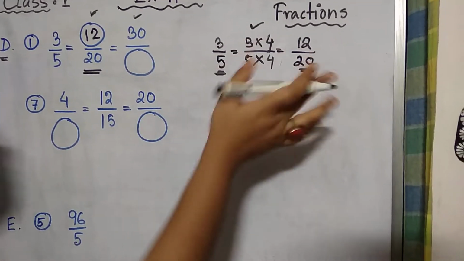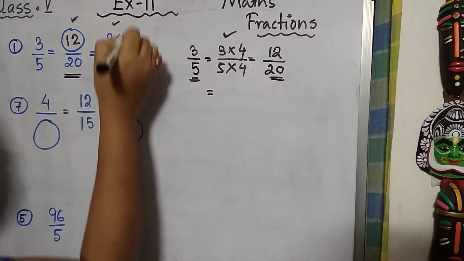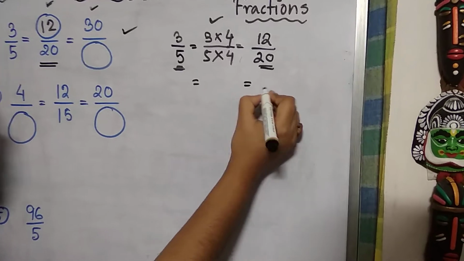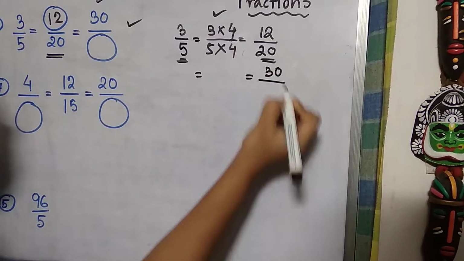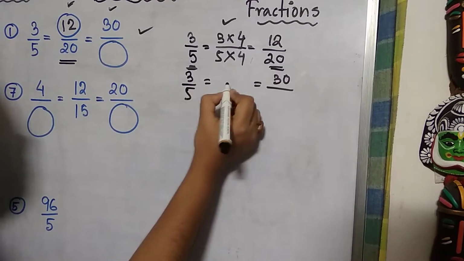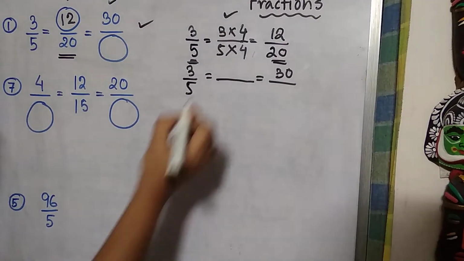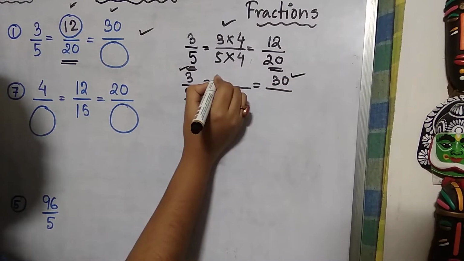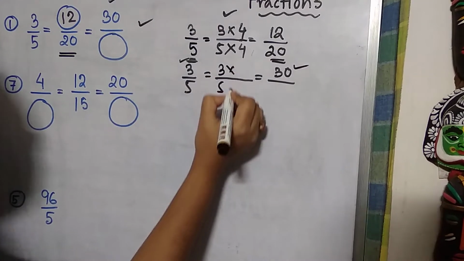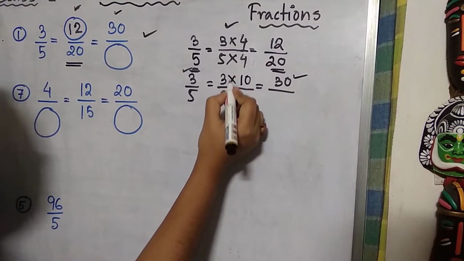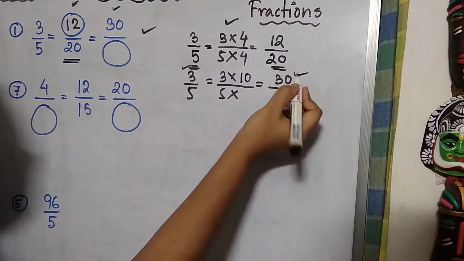Okay, so we follow a similar method for the third equivalent fraction also, where the numerator is given and the denominator is missing. How do we do it? We have to find the relation between 3 and 30. So we multiply by 10. We know that 10 into 3 is 30.